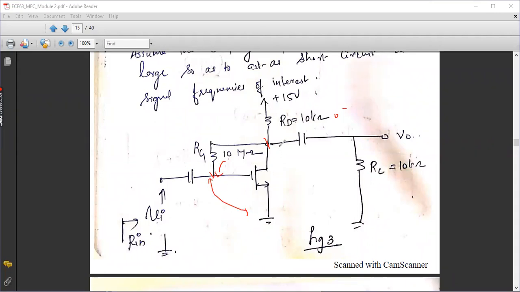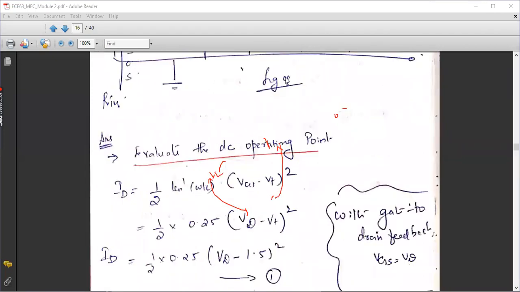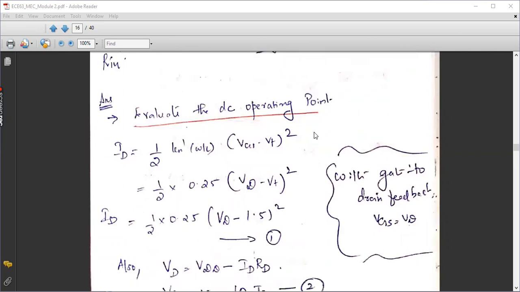VGS can be considered as VDS. Clear? So after writing our general equation of ID, instead of putting VGS, you can put VD. And VT is already given to you in the question, it is 1.5. So let it be equation number 1.